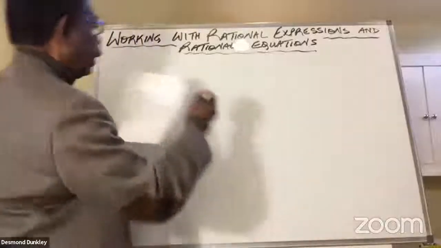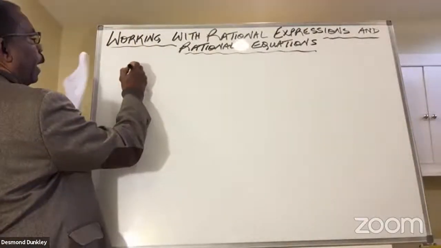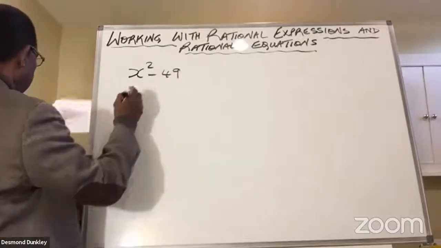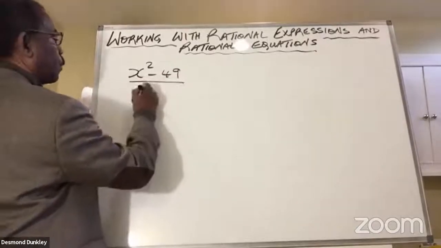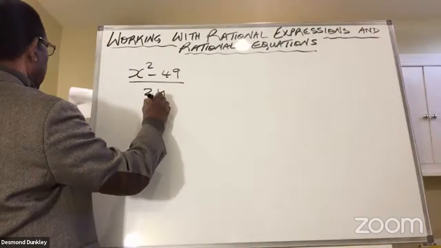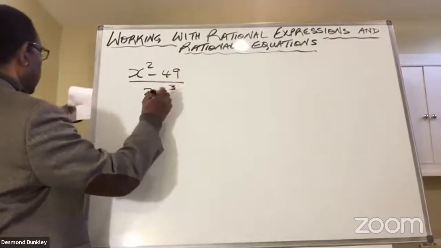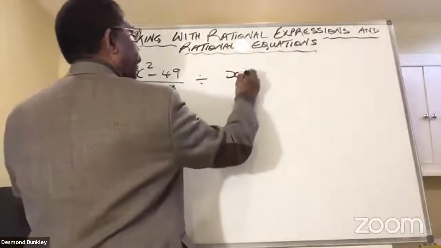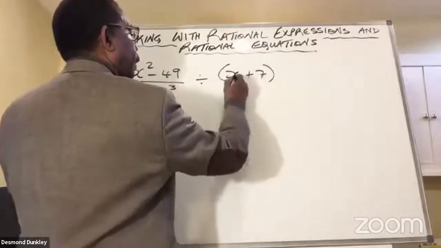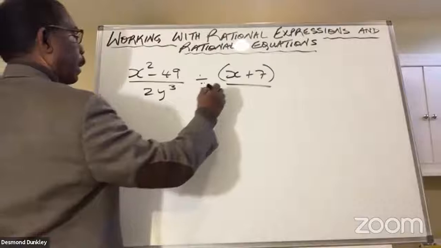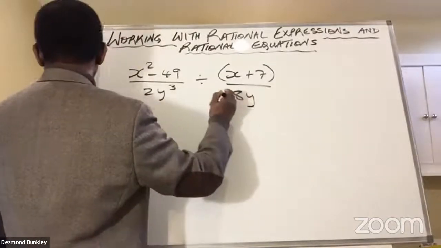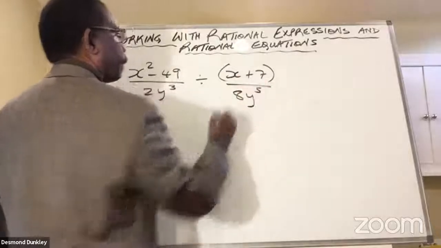Say if we had x squared minus 49 over 2y cubed, divided by x plus 7 over 8y to the power of 5.